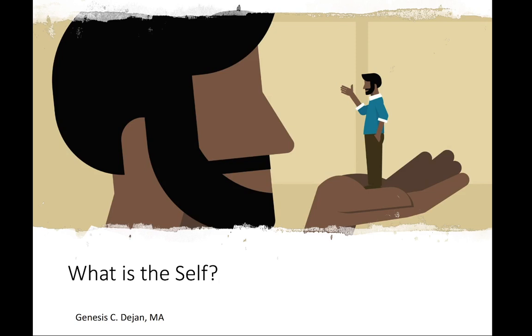Now, talking about the self, through our common language, the pronouns I and me basically describe the so-called self. Now, the self is a topic that is often talked about but largely goes unnoticed.